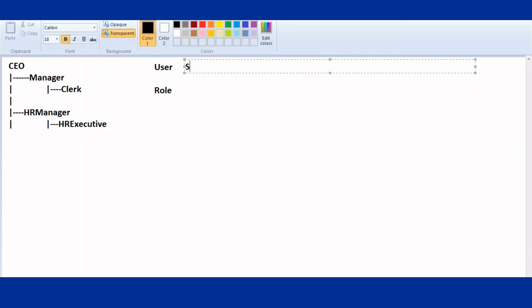Understand? We have a user called Sham. These are the users we have.